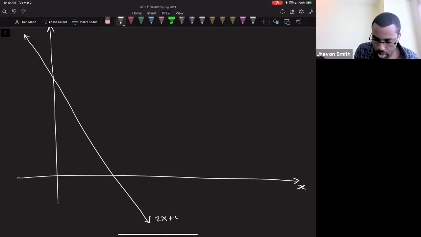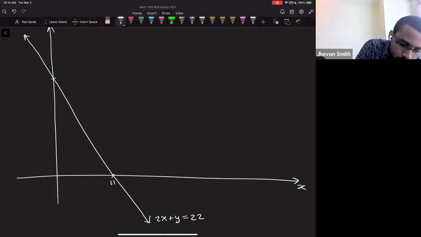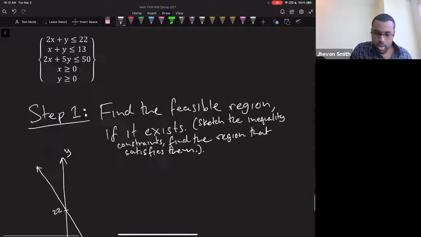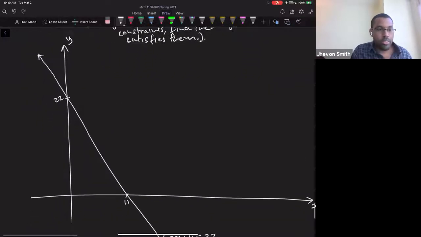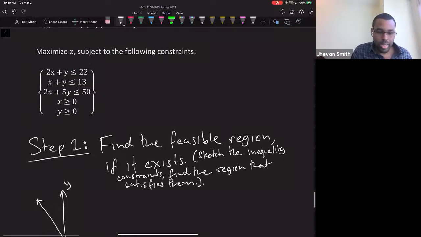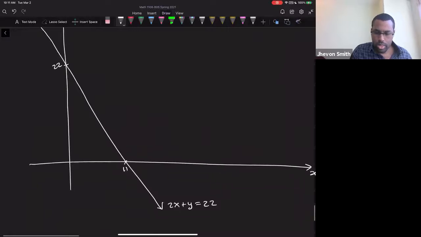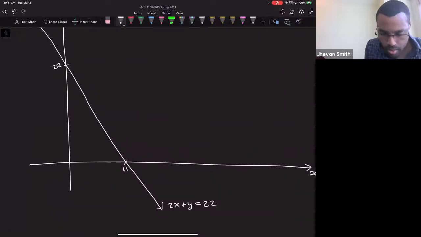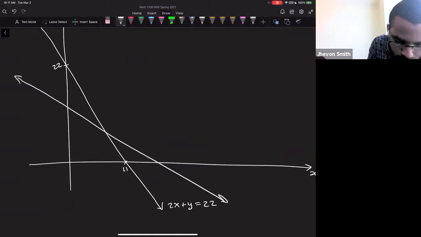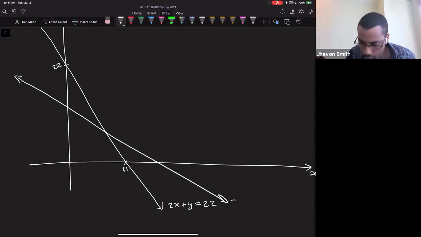2x plus y equals 22. I know that this is going to be 11. This is going to be 22. That's the first one. Now we're going to get the other one, x plus y equals 13. So this is x plus y equals 13.